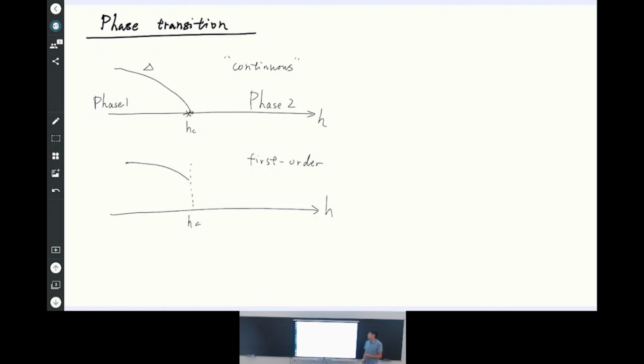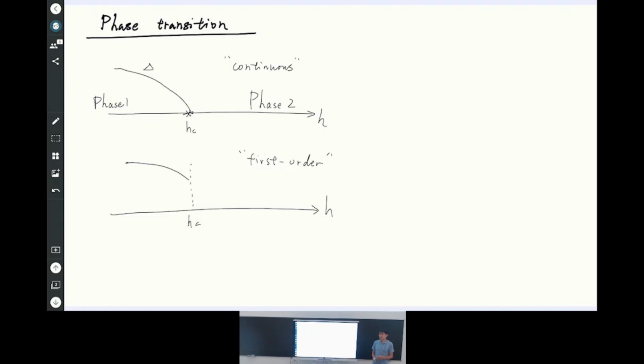So for the continuous phase transition, we know that it has been widely studied before. There were lots of famous theories there. In comparison, I think the first order transition received much less attention before.